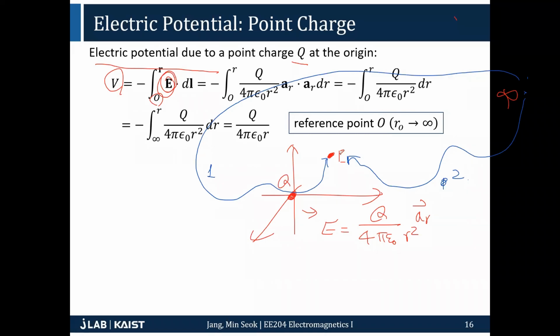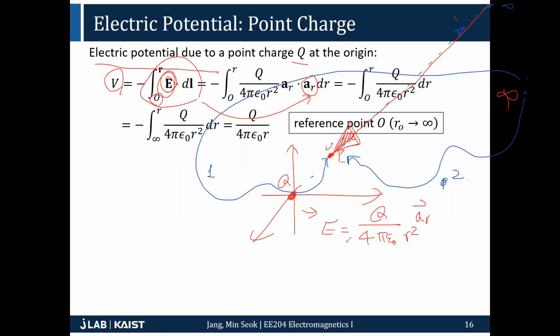So the easiest way is setting your reference here, along the r position, making it infinitely far away, and then taking the integration along this straight line along a_r. Then the calculation goes from infinity to r along the a_r direction.